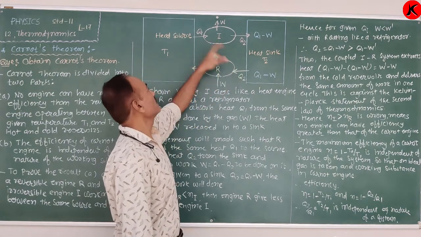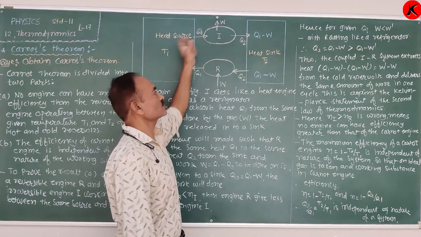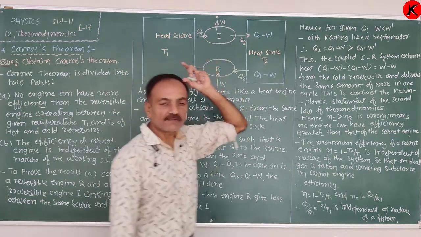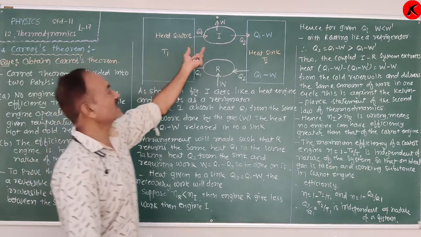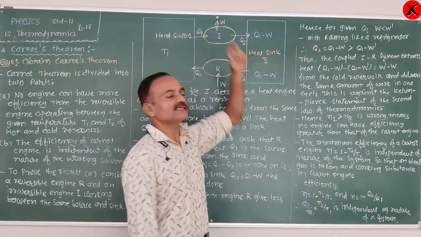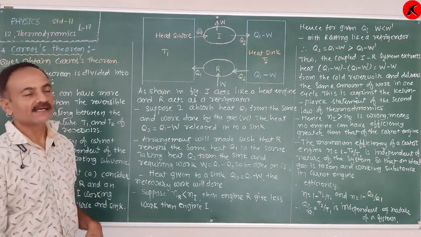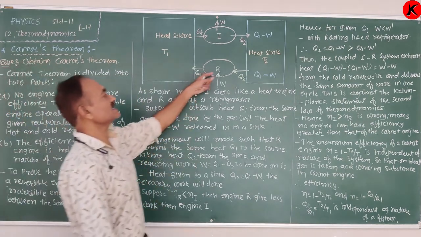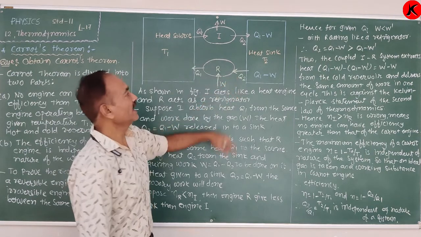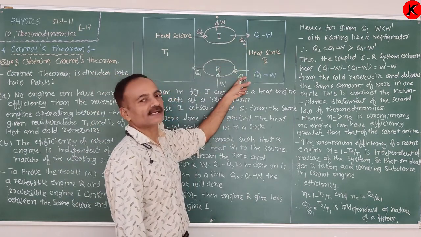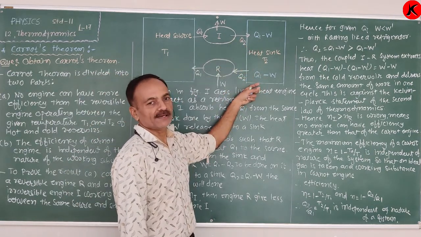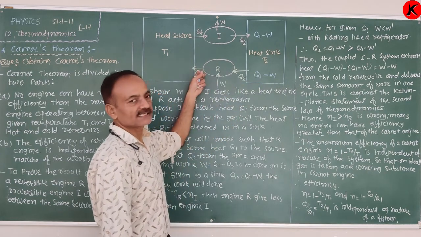The irreversible engine absorbs the heat Q1 from the hot source and as a result does work W, and Q2 equal to Q1 minus W amount of heat is released to the heat sink. While the reversible engine absorbs Q2 amount of heat, where Q2 is equal to Q1 minus W, and Q1 is released.